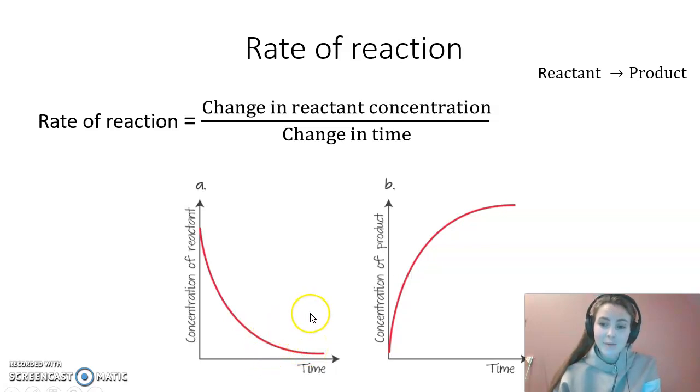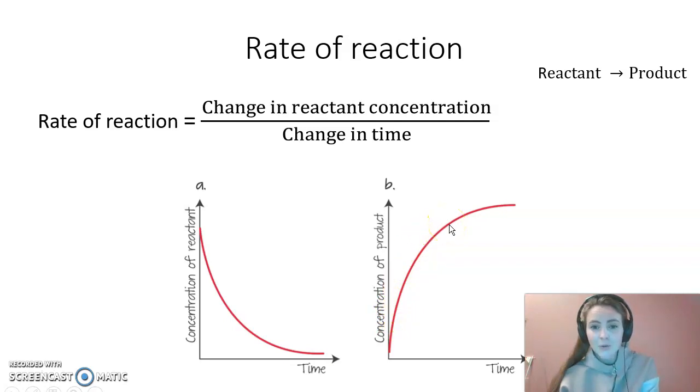And the exact same but opposite is happening with the product. When we start the reaction at zero time, we have approximately none of the product. When we start the reaction, the concentration of product will increase quite fast.